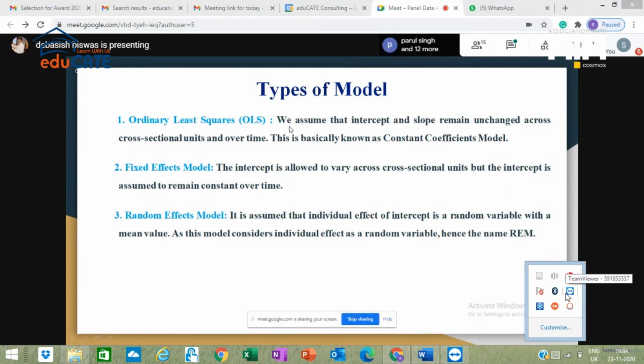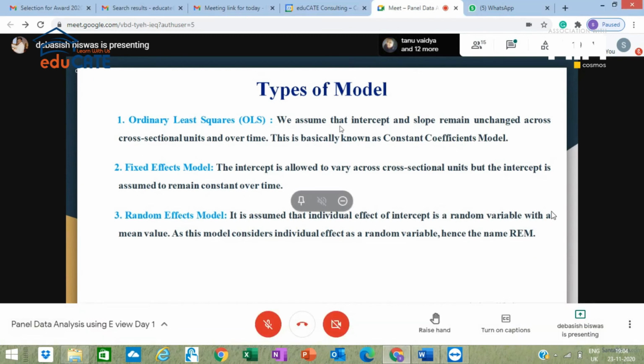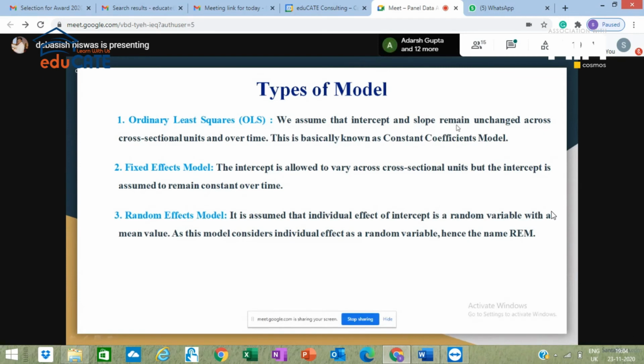That's why what I have written is: we assume that intercept and slope remain unchanged across cross-sectional units and over time. This is a very, very important statement. Again, I'm just explaining. When we consider normal OLS, ordinary least square, in some books we write it as the pooled regression equation.